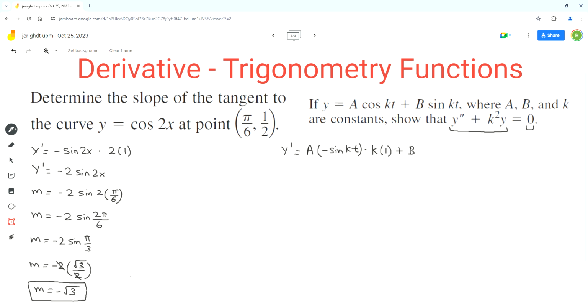And we'll have to use the chain rule to find the derivative of sine kt. Sine is the outer function, so its derivative is cos kt, times the derivative of the inner function kt, which is k times 1.